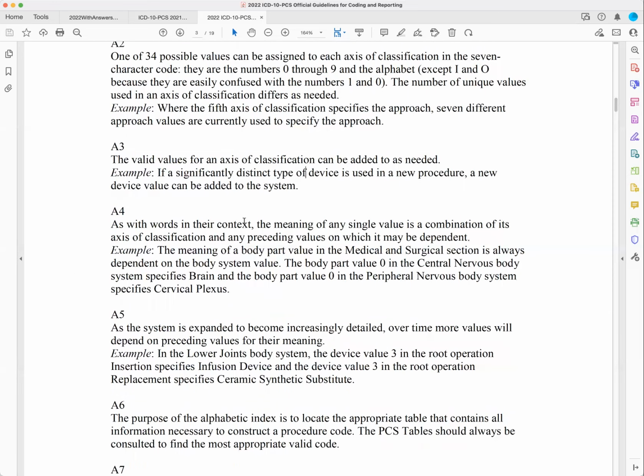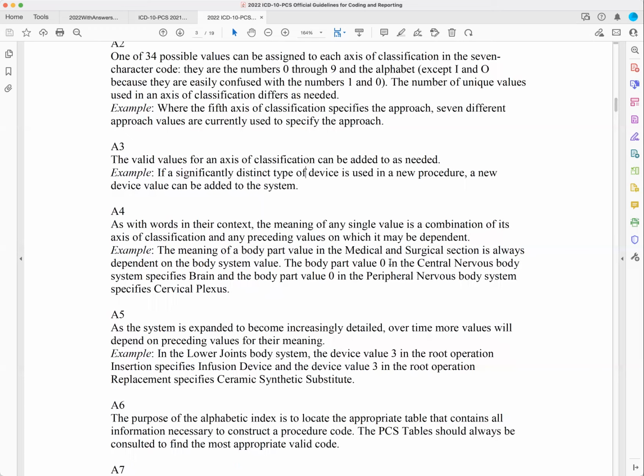As with words in their context, the meaning of a single value is a combination of its axis of classification and any preceding values which it may be dependent on. So for example, the meaning of a body part value in the medical surgical section is always dependent on the body system value.